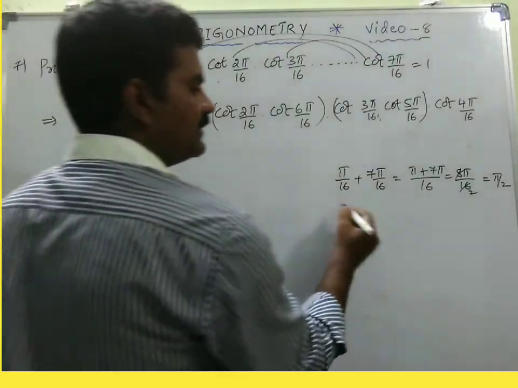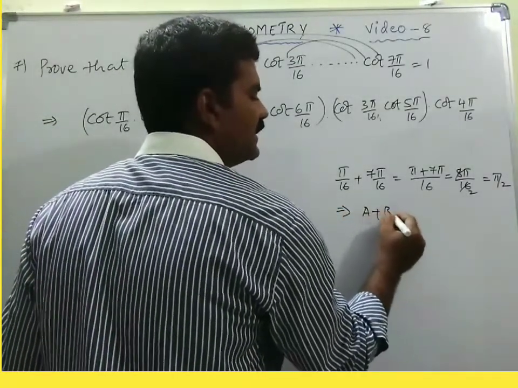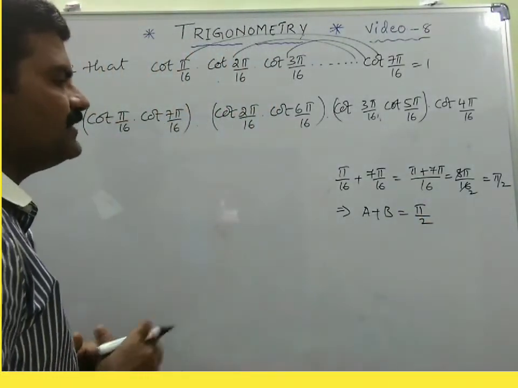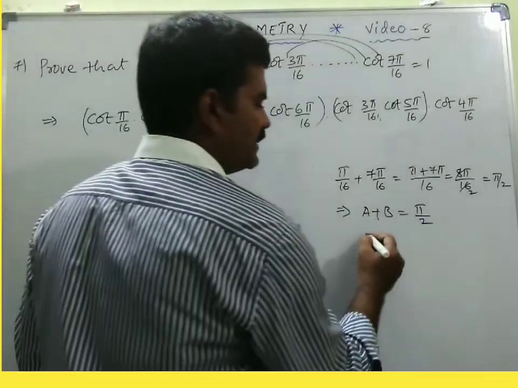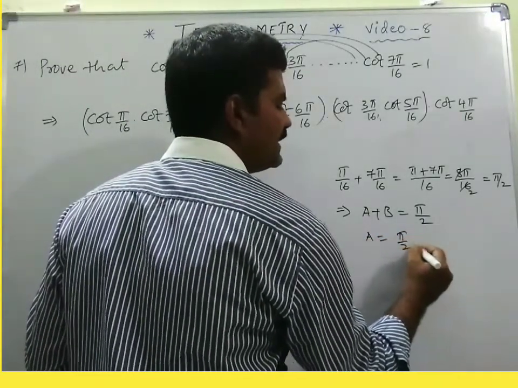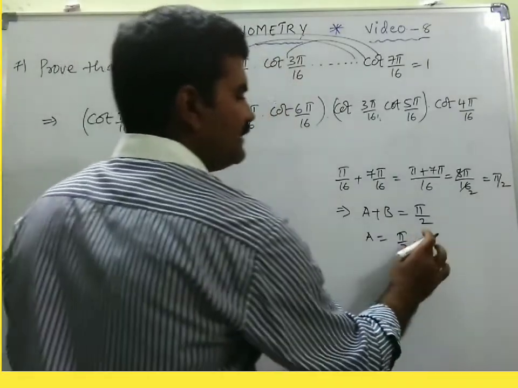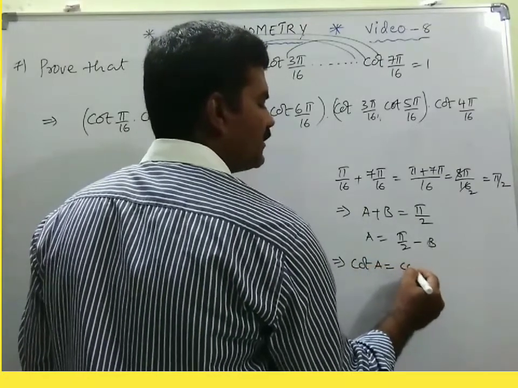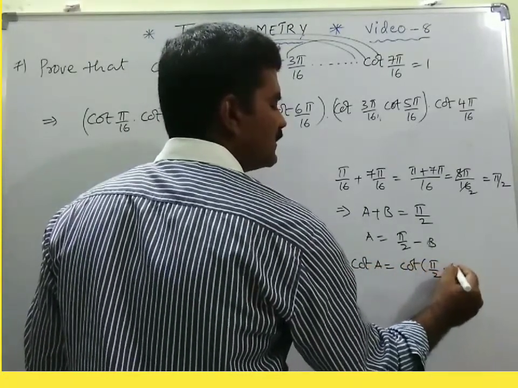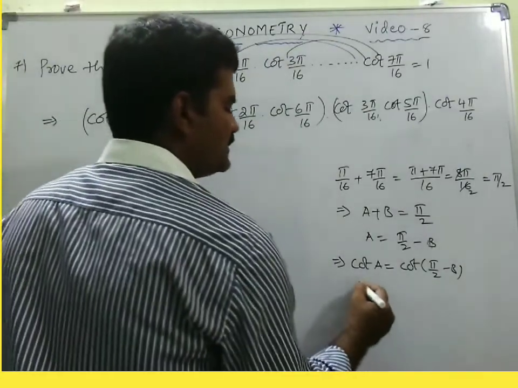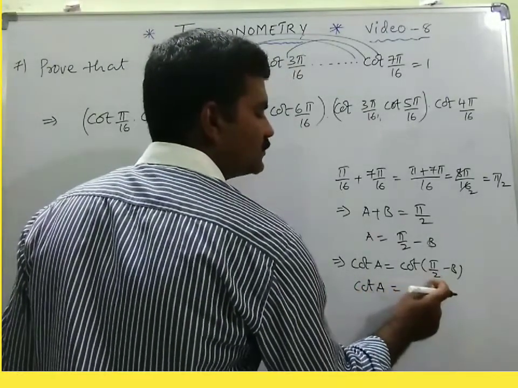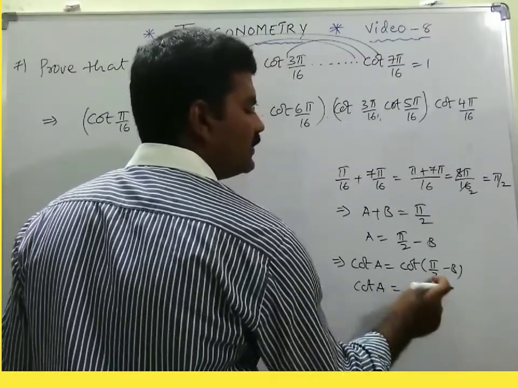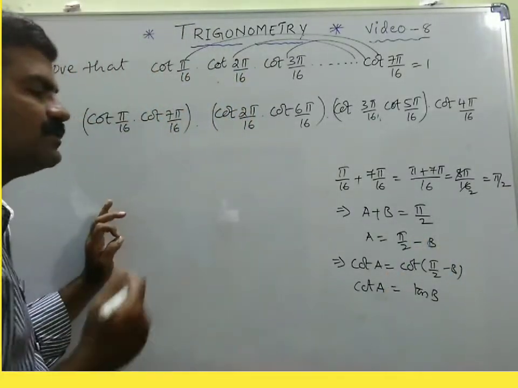Then do one thing, my dear. Generally I can write A plus B is equal to 90. So let us see what happens if A plus B is equal to 90. Then A is equal to 90 minus B. Taking cot on both sides, cot A is equal to, because of 90, cot changes into tan, and moreover 90 minus theta is in the first quadrant, hence it is positive.